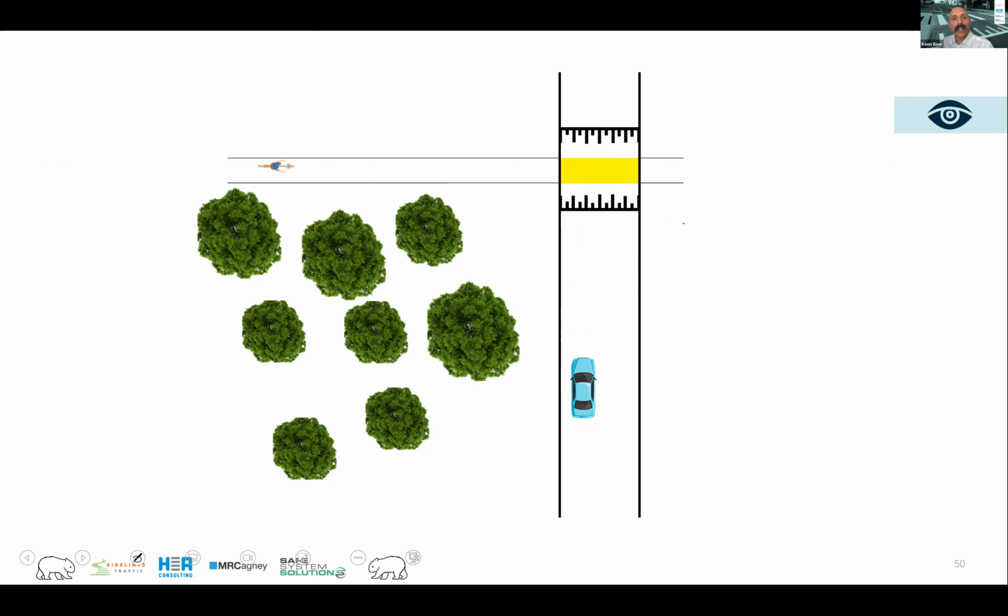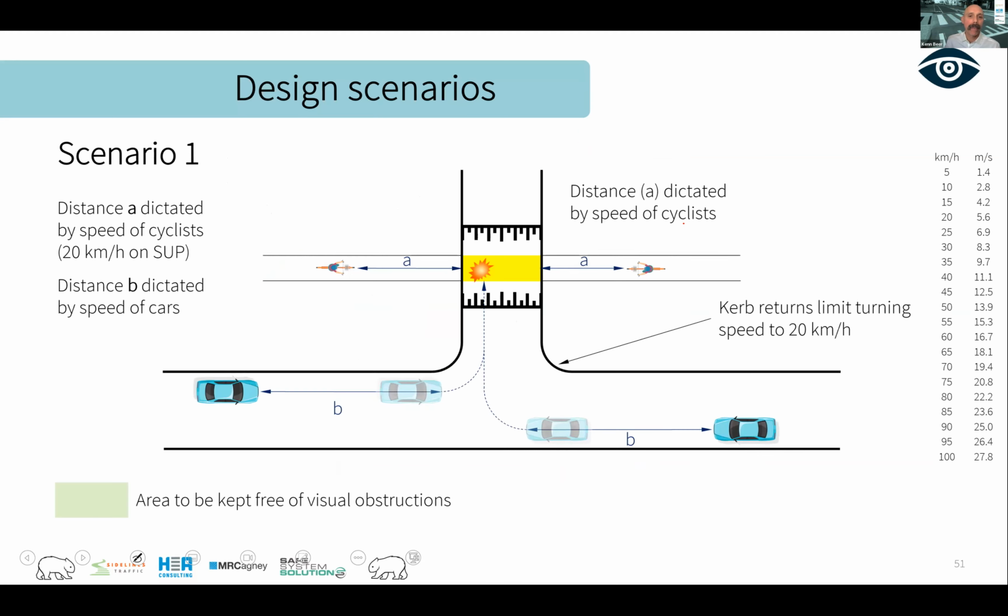The other one we want to cover is that the car maybe was distracted or some other reason and they went through, but the cyclist had time to react and avoid.